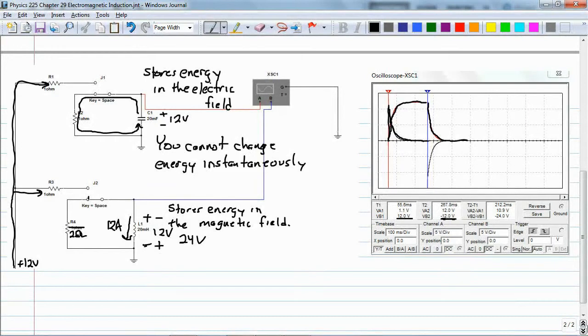And so if we take a look at a capacitor and an inductor. We'll talk about inductors next chapter, but for this case, we'll just talk about it as a coil or a loop.